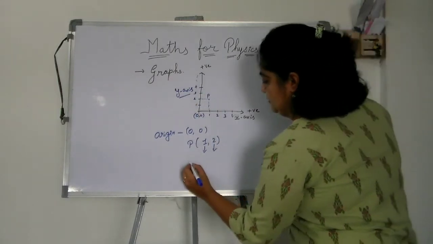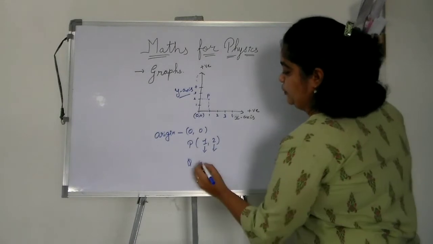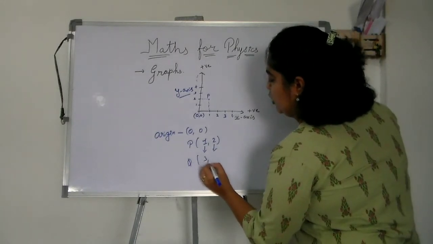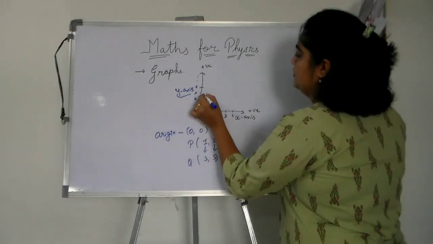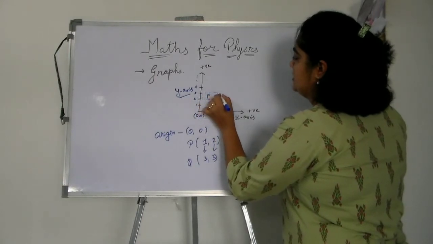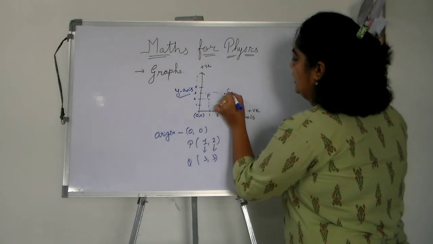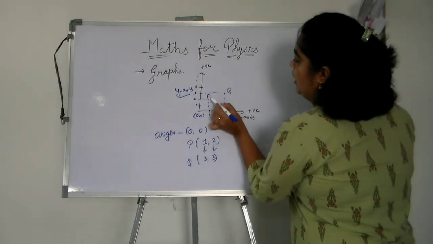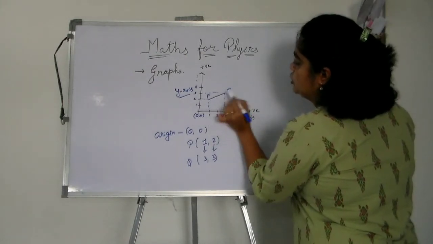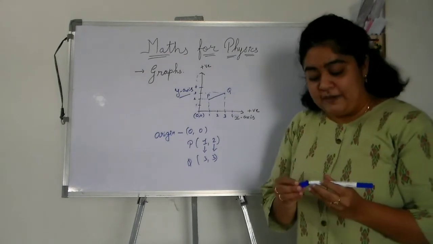Again, if there is a point Q which is 3, 3, take this and take this. This point is Q. And now if I draw a straight line joining P and Q, what have I done?